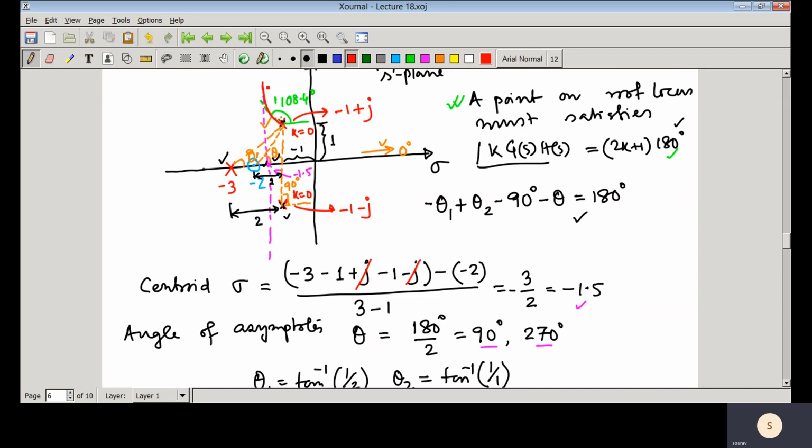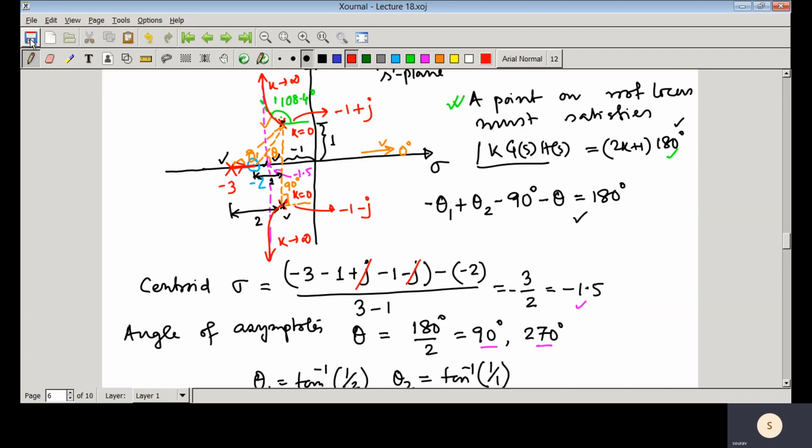Whenever k varies, the root locus will go like this. And you can see when k tends to infinity, the root locus follows the asymptotes and becomes a straight line. In this particular one, the root locus is going from -3 to -2, and two branches are like that, and this angle is called the angle of departure.